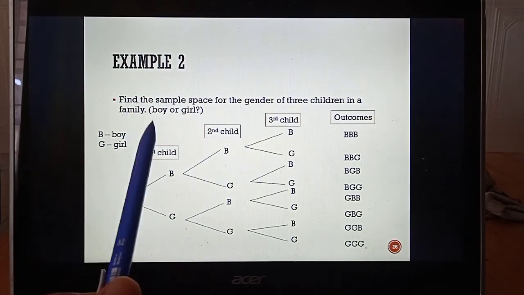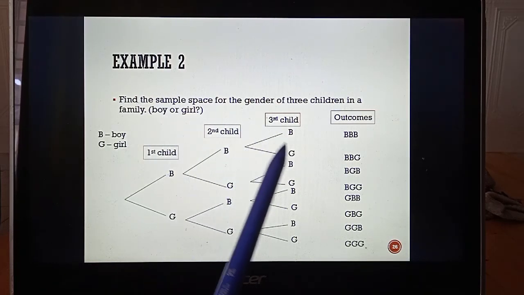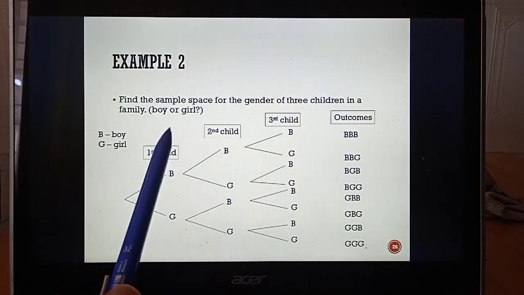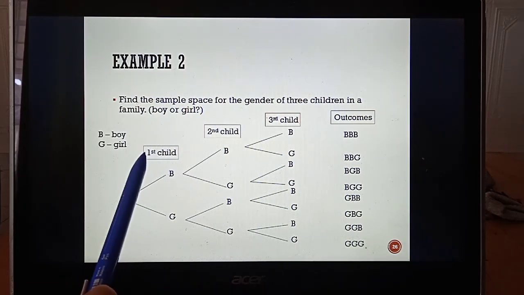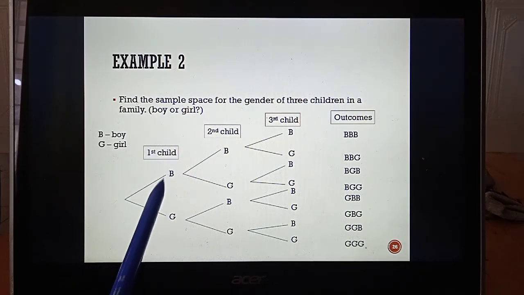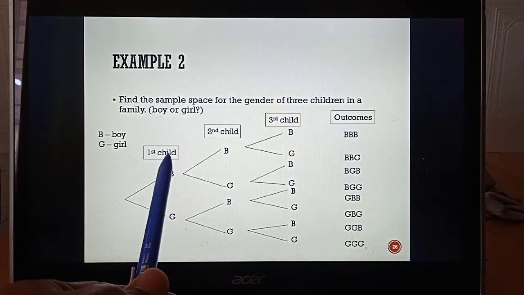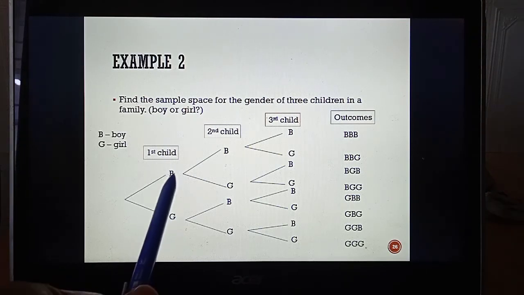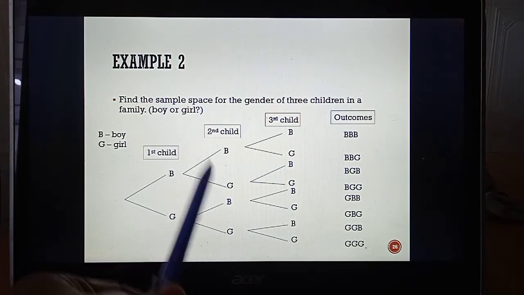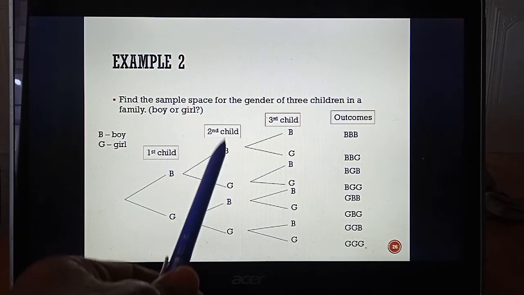Okay, next example 2. Find the sample space for the gender of 3 children in a family, either boy or girl. For first child, the possibility could be boy or girl. Second child also, for every possible outcome in the first child, the same could occur for the second child.